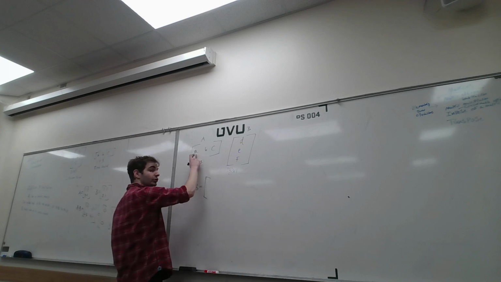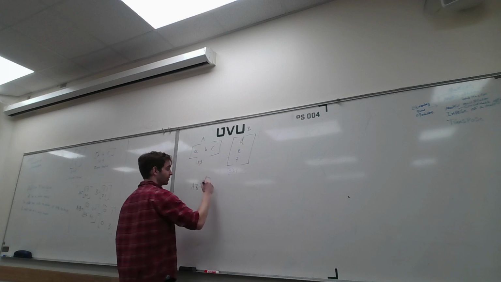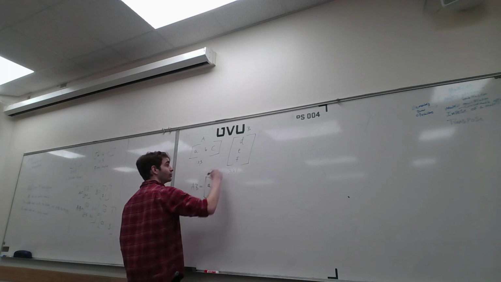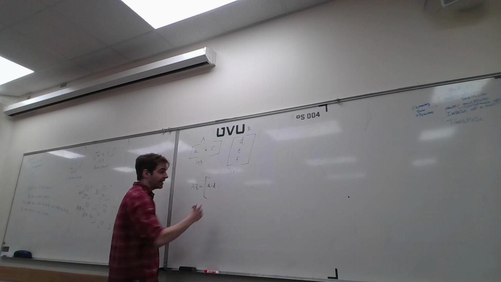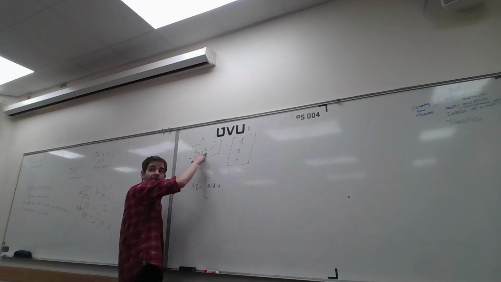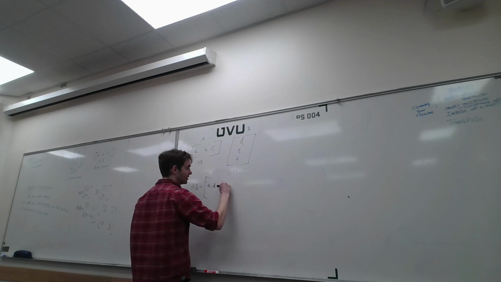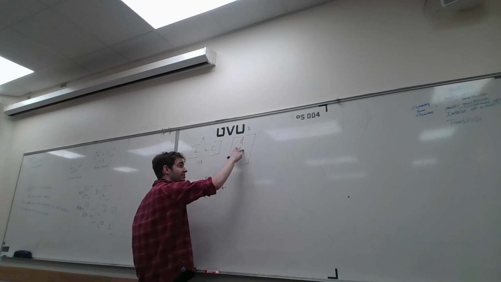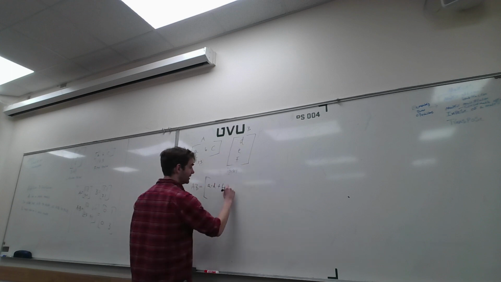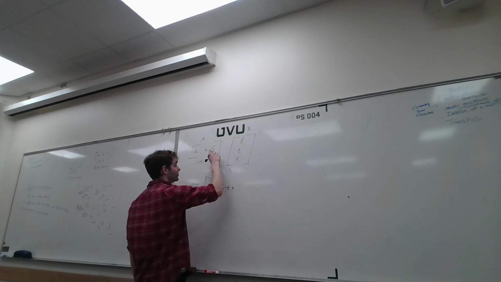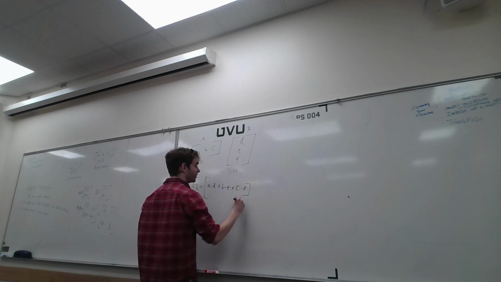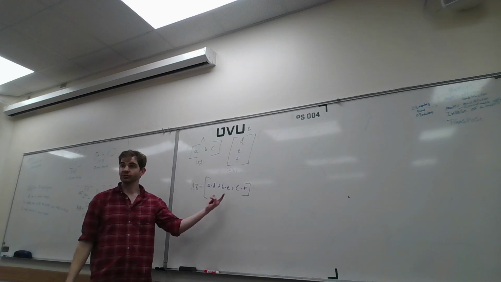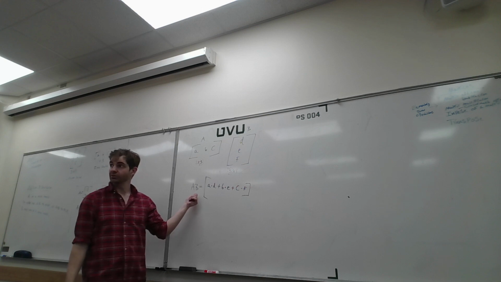Take the first element of your row vector, A, and multiply it by the first element of your column vector, D. Add to that the second element of your row vector, B, multiplied by the second element of your column vector, E. Third element, C, multiplied by third element, F. That answer is your answer. That is what A times B is.